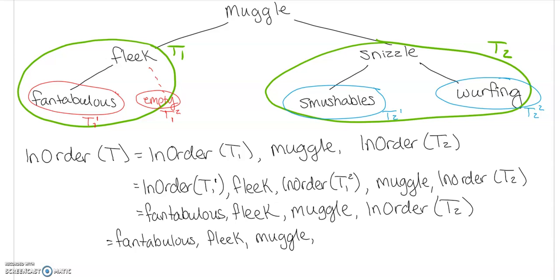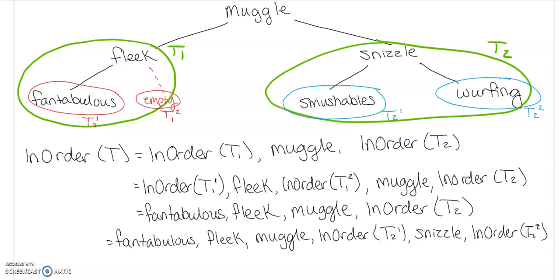Then the inorder function tells us to take the two subtrees, Smushables and Wurfing, which we're calling T21 and T22 for now, and sandwich them around the root of Snizzle. So we'll have inorder T21, Snizzle, and inorder T22.